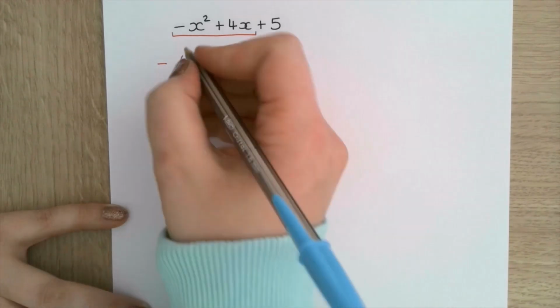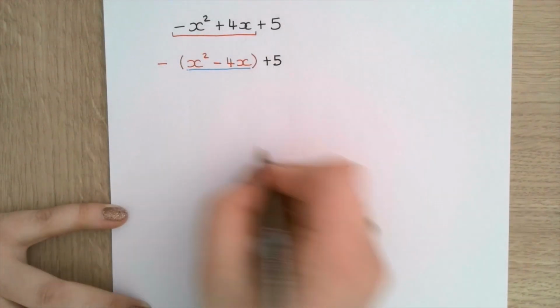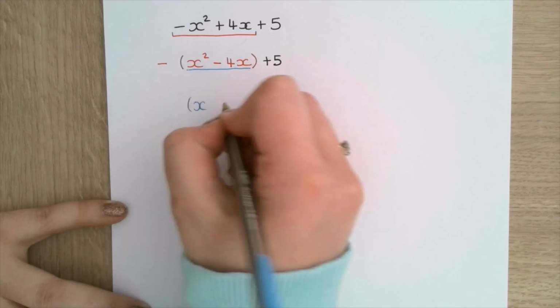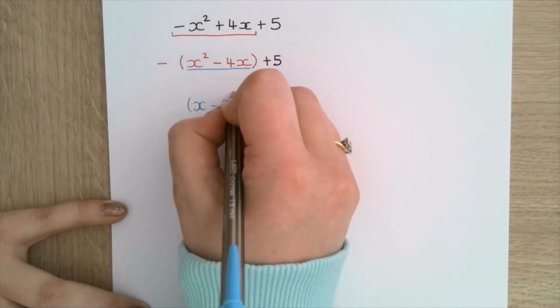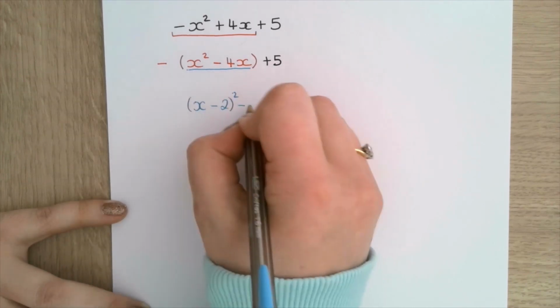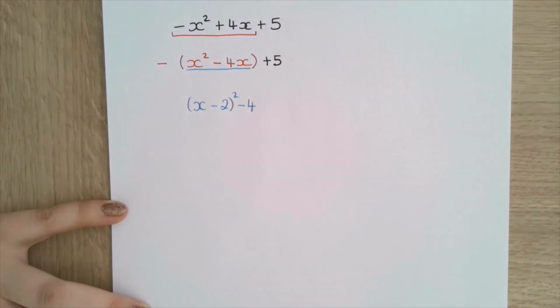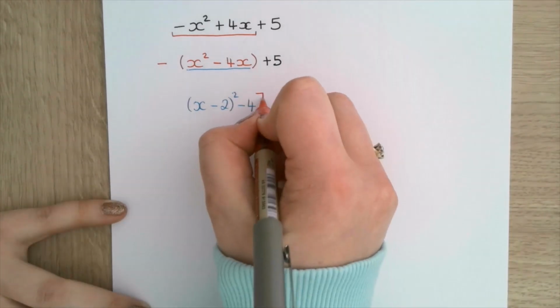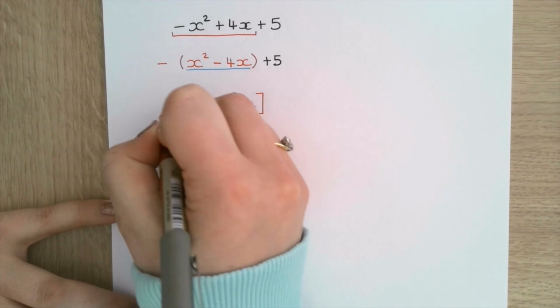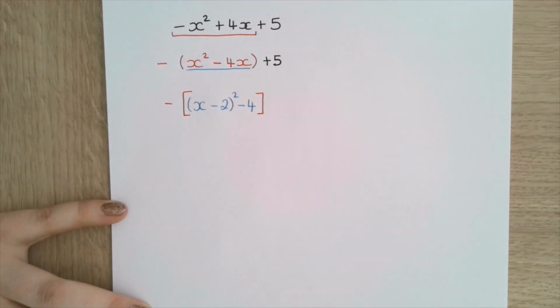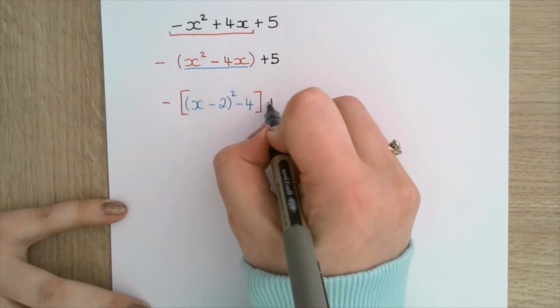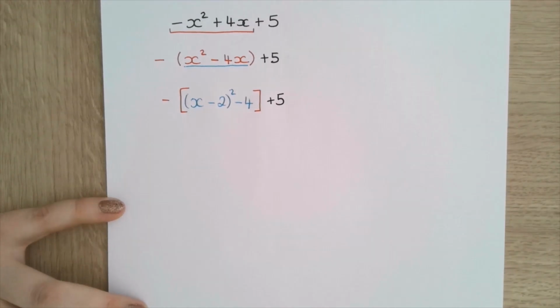So complete the square on inside my red brackets. I get x minus 2 all squared minus the 2 squared, which is 4. That is all being multiplied by -1, and then I've obviously got my plus 5 at the end.